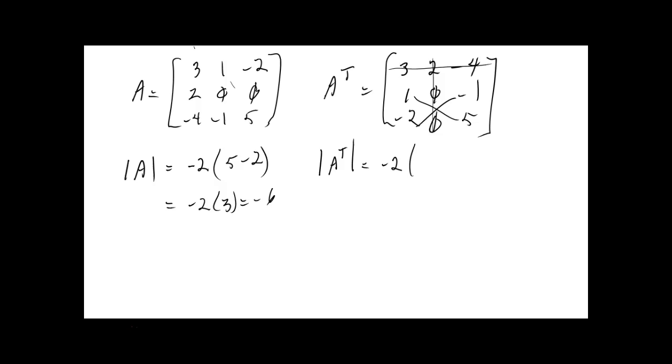Exactly the same cofactor. So guess what? It's the same thing. It's got to be the same thing. That's what a transpose is. So therefore the determinants are equal. Now they did it in a lot more gory detail than I did, but there it is.